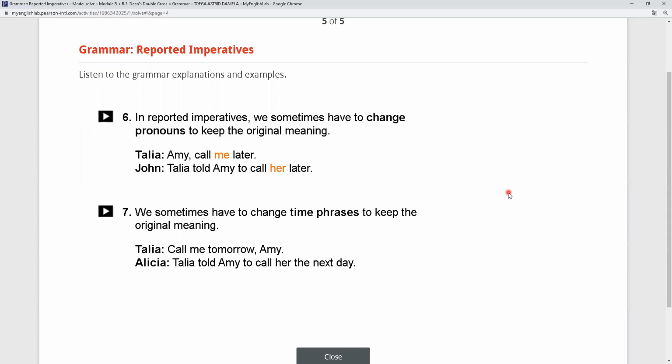In this case, I don't know if you heard that example I gave you.